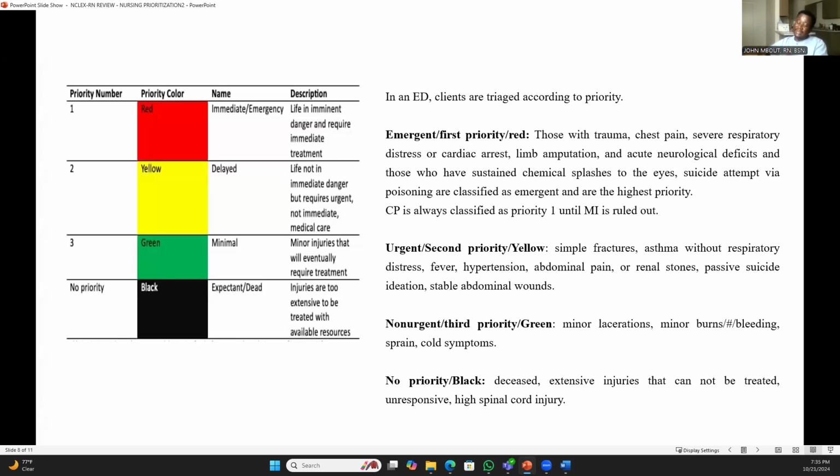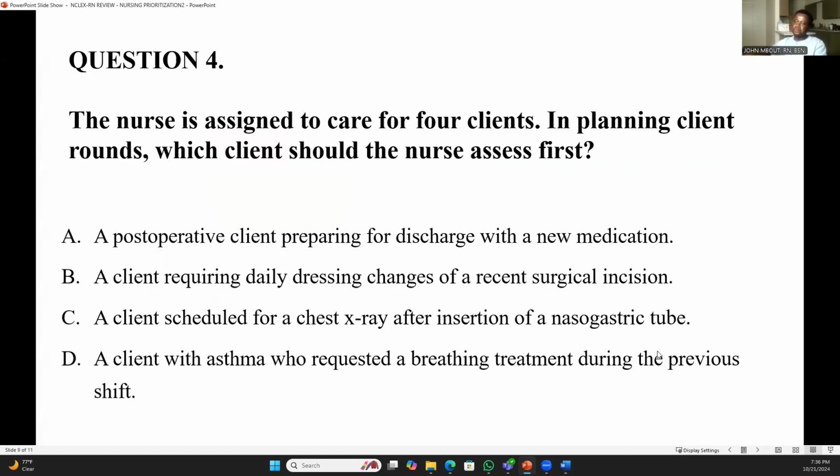Conditions that you determine cannot be revived. You attend to them last, especially in disaster conditions. These clients will not be a priority. Be careful. Hope you learned something. Get a pen and paper and take down notes. Let's move to the next question.